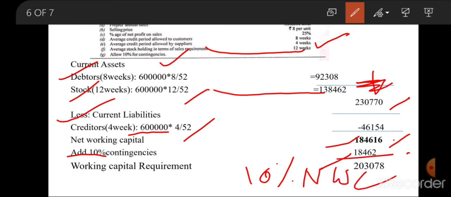After adding 10% contingencies to the net working capital, you will get the working capital requirement for the non-manufacturing concern. So this is the calculation for the working capital requirement for the non-manufacturing concern. Please go through it. If you have any problem, just write in the comment box.